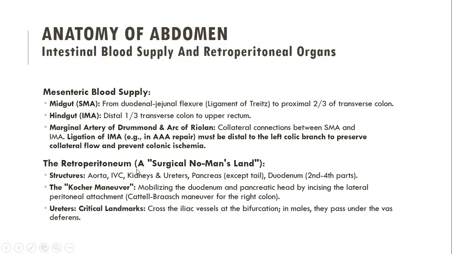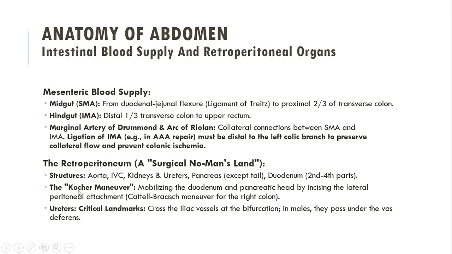Now, the retroperitoneum. In layman's language, you call it the surgical no man's land because the surgeon can't go there. It has structures like the aorta, inferior vena cava, kidneys and ureters, pancreas except the tail, and the duodenum second and fourth parts. So the retroperitoneum is basically behind the peritoneum.